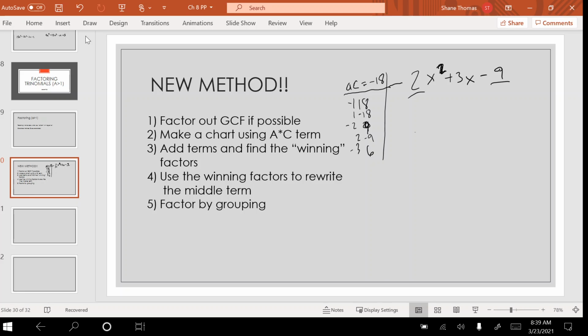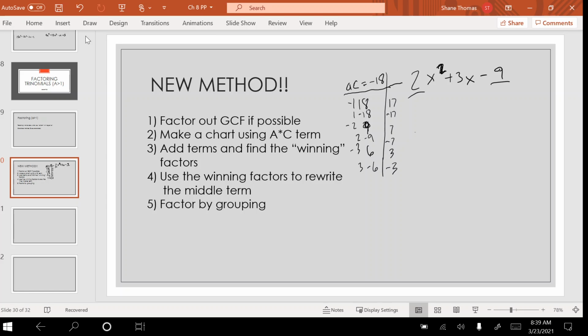Okay, just like before, I have to account for all cases. All right, so this looks exactly the same as what we did before, right? Except now I did AC instead of just C. Adam, what's negative 1 and 18 going to be? 17. This one is -17. This one is 7, -7, 3, -3.